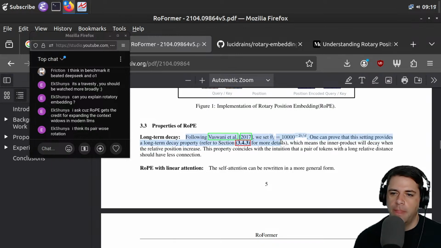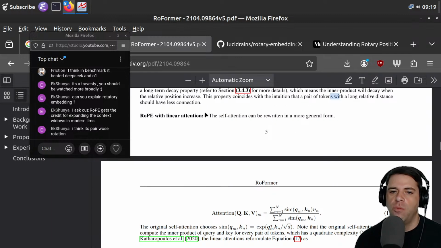Following Vaswani, we set theta sub i to equal 10,000 to the negative 2i over d. One can prove that this setting provides a long-term decay property, which means the inner product will decay when the relative position increases. I guess decay means it decreases.